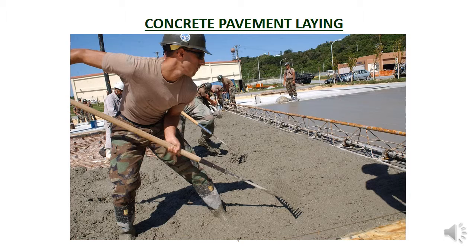So all you need to do to get the correct level is to run the screed along the top. I'm assuming they are constructing one side of the road and that the photo is taken from the centre line of the road. You can see a little bit of the wooden form in the bottom of the photo. This form will be slightly higher than the form on the outside of the road to provide the camber required to drain the road surface.